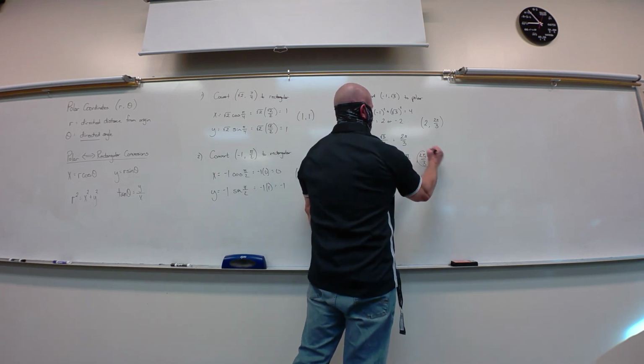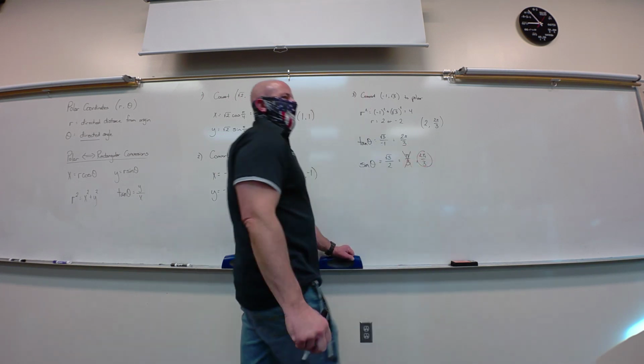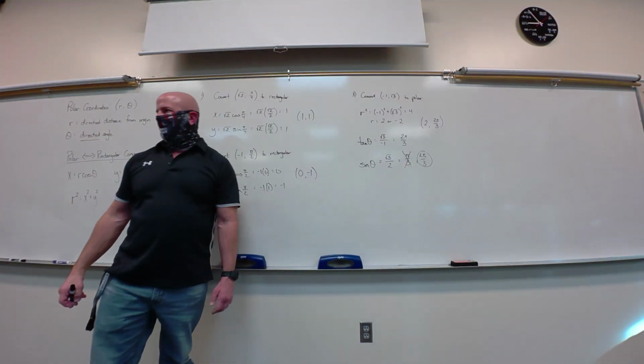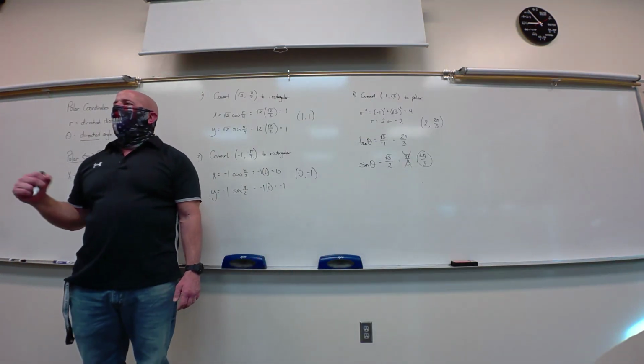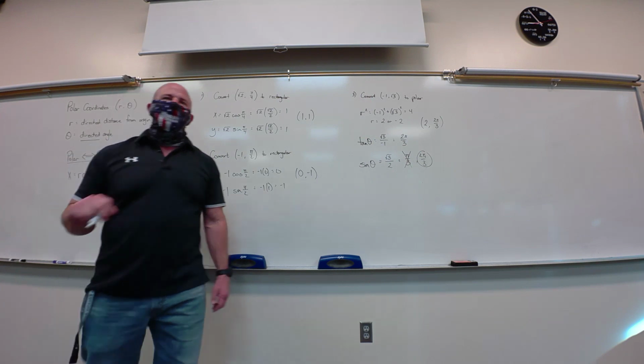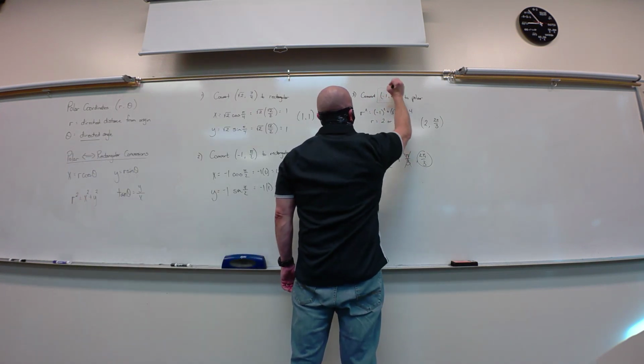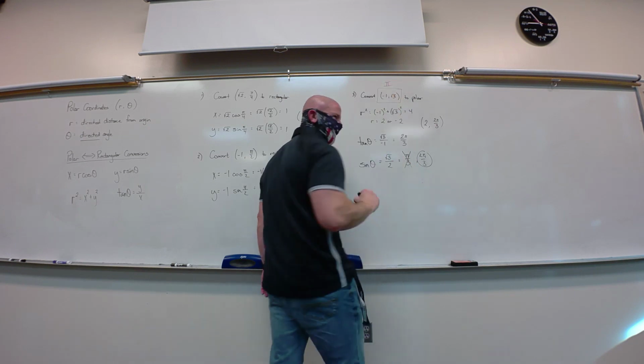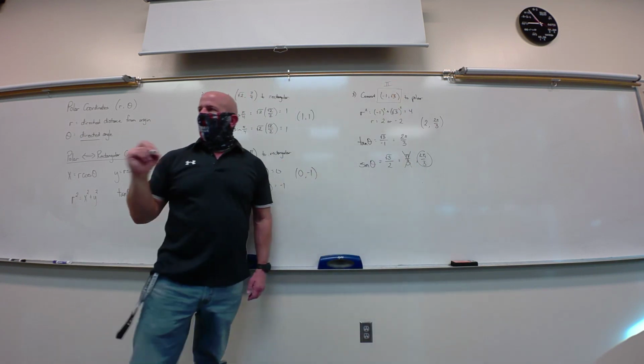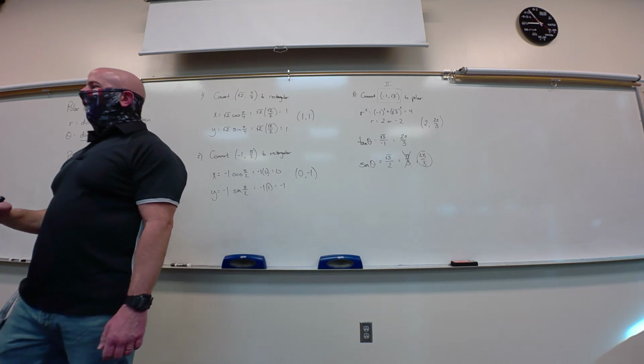So it's one of those two. It's that guy. Remember, your calculator is going to give you a reference. Keep focused on where you're supposed to be. Remember, we said initially, that guy's in 2. Look at that first. You know where you're supposed to be.